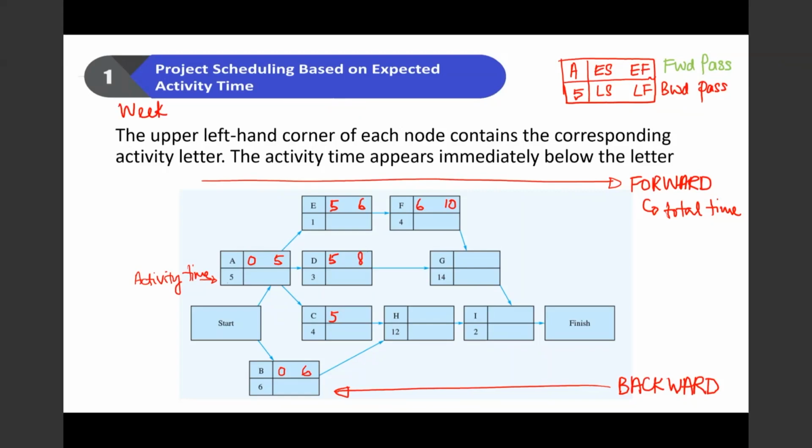Activity G can start only after activity D and activity F have finished. Activity F finishes at 10, activity D finishes in week 8. So when can activity G start? What week can activity G start?